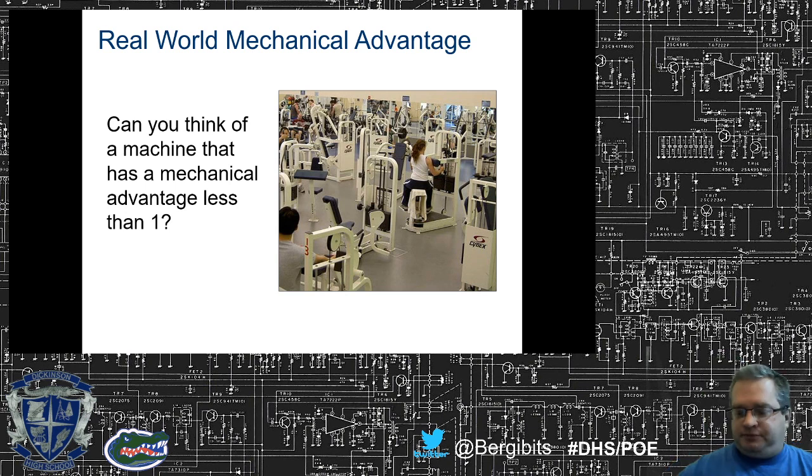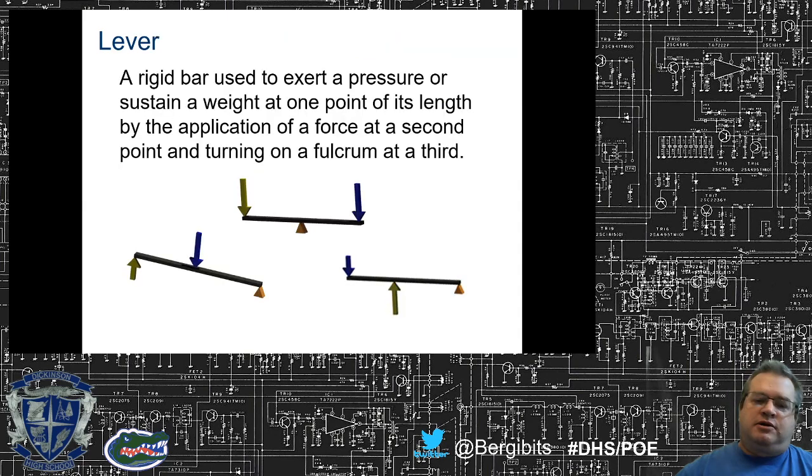All right, so levers. So this is basically step 1 of understanding mechanical advantage. It's a rigid bar used to exert pressure to sustain a weight at one point, and the fulcrum is the pivot point. In this case, it is the pyramid at the middle and at the end.